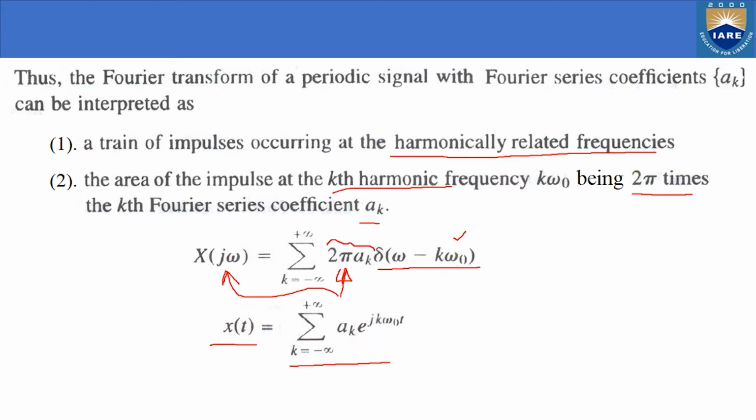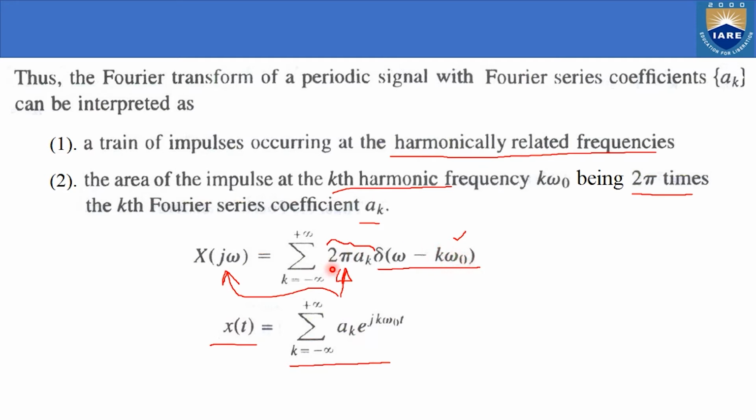So in words, the Fourier transform of a periodic signal x of t with Fourier series coefficients ak can be interpreted as a train of impulses. Train of impulses means infinite terms here, placed at harmonically related frequencies.